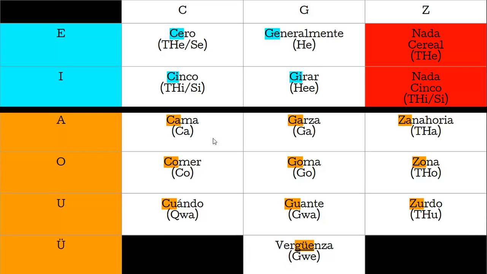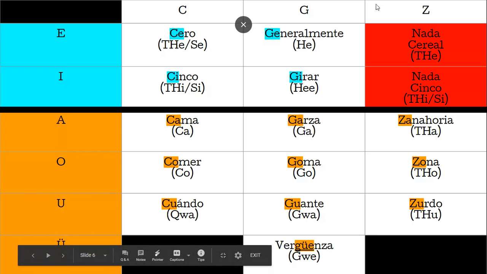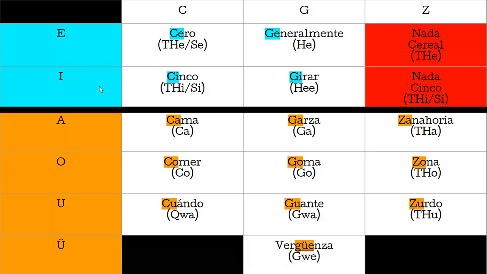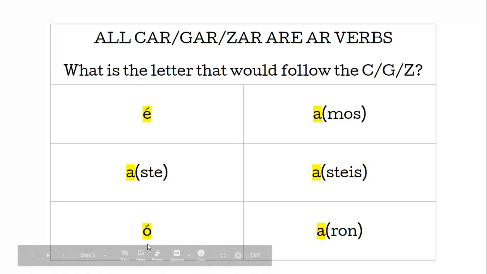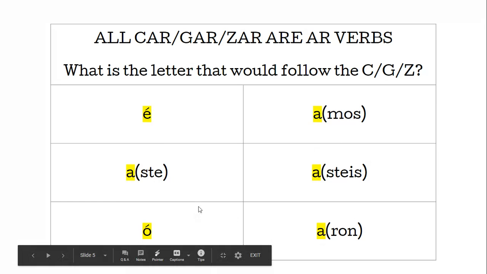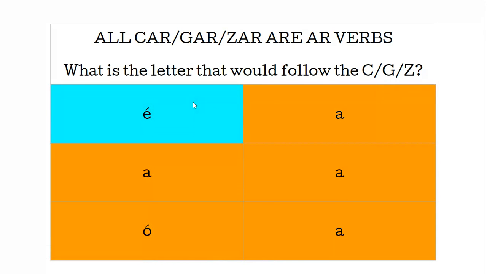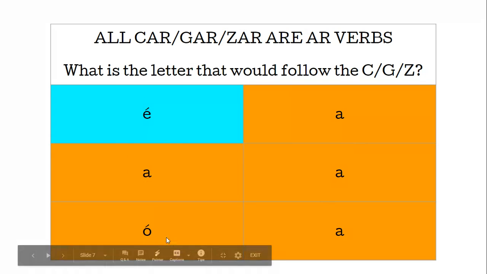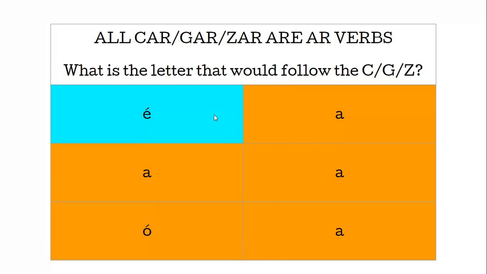A, O, U are all the hard sounds after C, G, and Z, and E and I are weaker sounds. So A's and O's are stronger, E is a little bit weaker. Weaker sound, softer sound, hard sounds. So which of these things is not like the other? It's pretty clear. The yo form is a little bit strange.